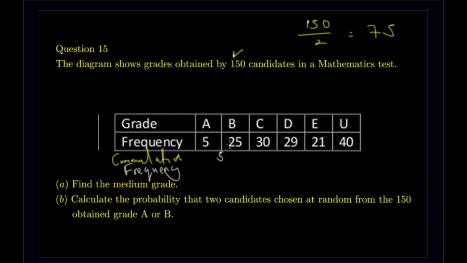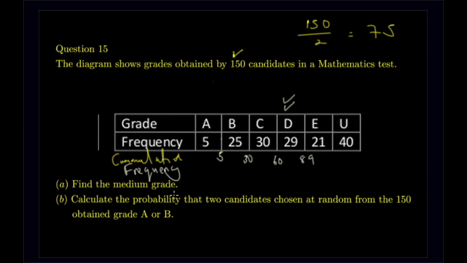You're not supposed to write it here, but it's easier so that you understand. After A, the people we have with A grades are 5. The people with A and B grades are 30. So 5 plus 25, and plus 30 after here we get 60. So here we get 89. So our 75th and 76th people lie in this grade.